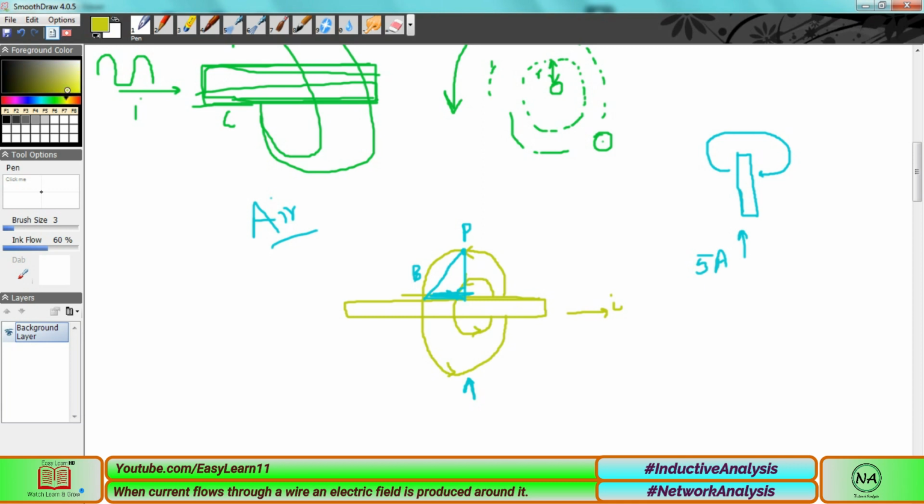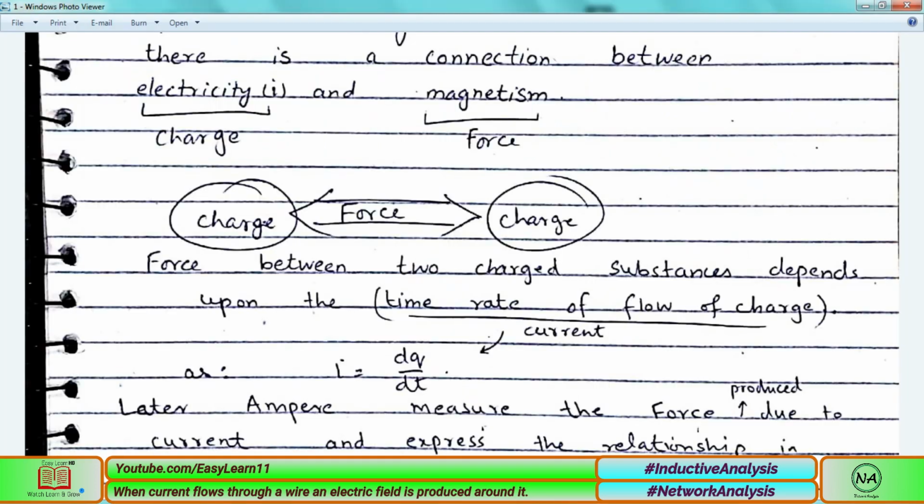When the intensity is increased, for example to 10 ampere, then the field intensity due to 10 ampere also increases. So we can say that its jurisdiction, its boundary, is increased, which depends on the intensity of the charge.